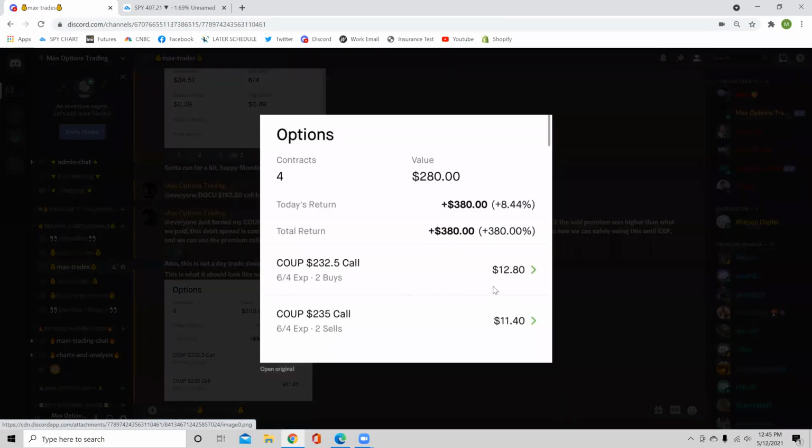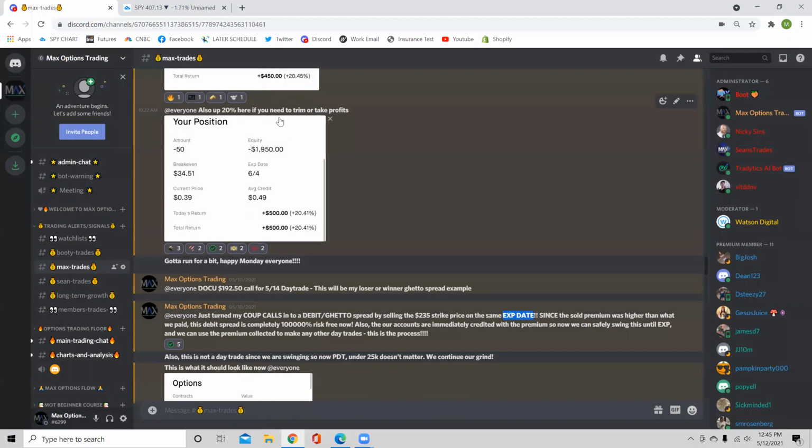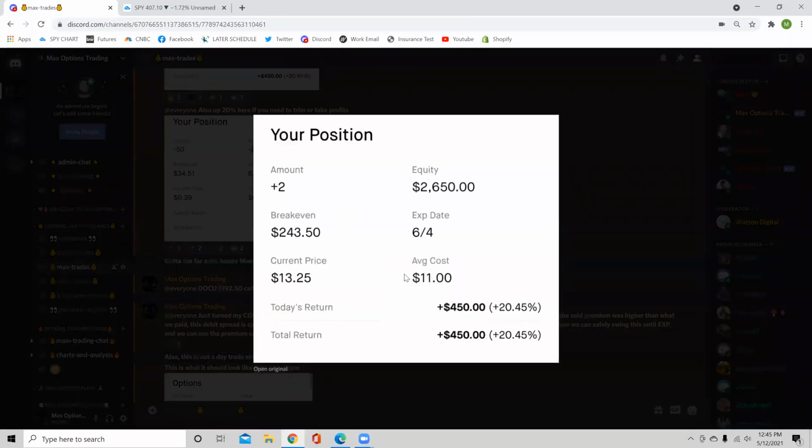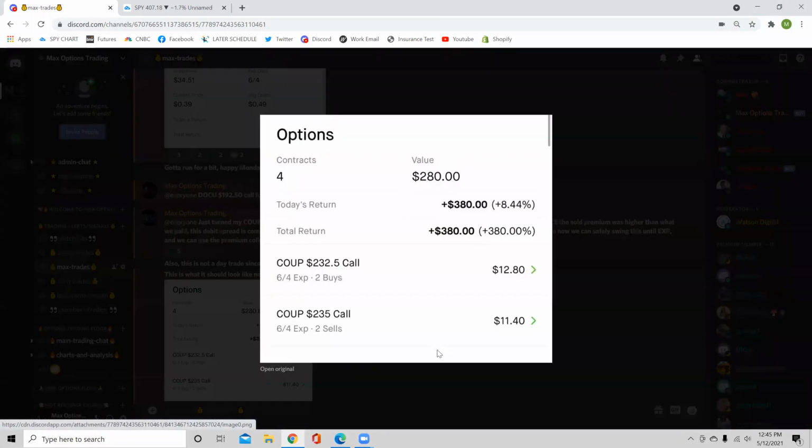This is what it looks like. So you can see that I paid $1,100 for my 2 contracts each. Then when they were up 20% to 12.80, I sold the 235s and I got a credit for 11.40.